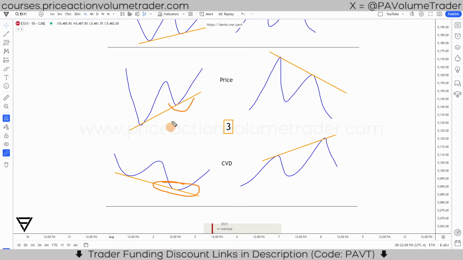So this is a sign that all these aggressive sellers might be getting trapped here, and then as price keeps going up, they might have to be bailing out. Or also remember that if you're going, in this case, short, and you have a stop loss order, that stop loss is going to execute as a market buy.